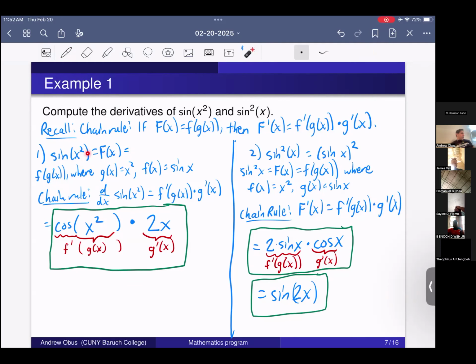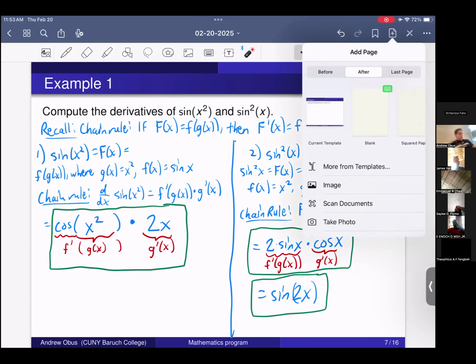To do this with the definition of the derivative, you could plug in x plus h for x. Yeah, sure. If you are using the definition, you get sine of the angle x plus h, all squared. Then you can simplify it out. So let's see how this works.